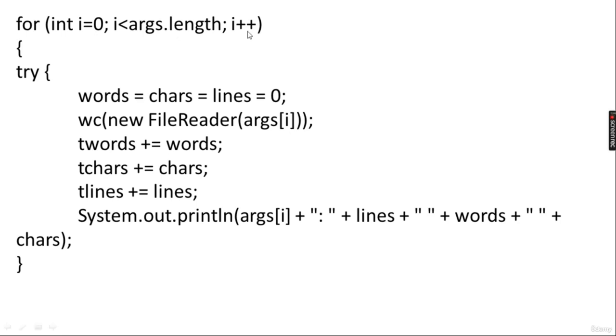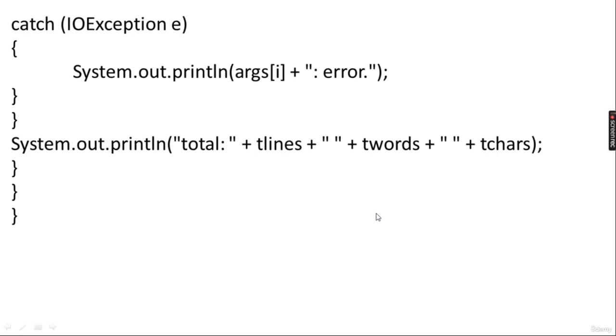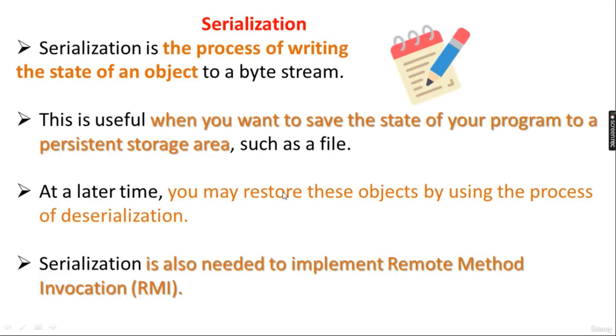And then in the args.length loop, what we are doing, we are passing the arguments of i, that is, for the file reader, we are passing the argument as a file name. Then tWords plus equal to words, tCharacters plus equal to characters, and tLines plus equal to lines. Okay, lines and words, with error handling. Then total lines, words and characters.